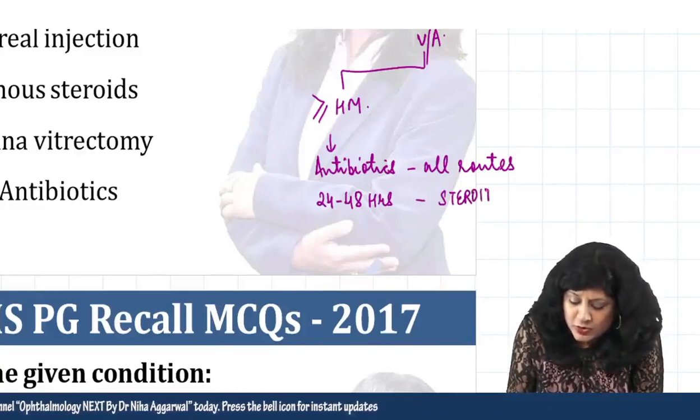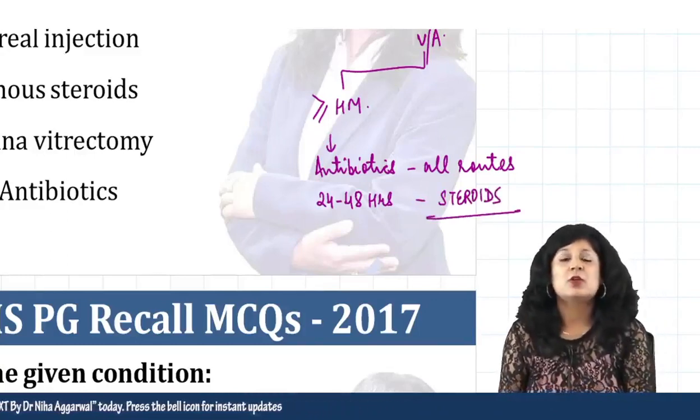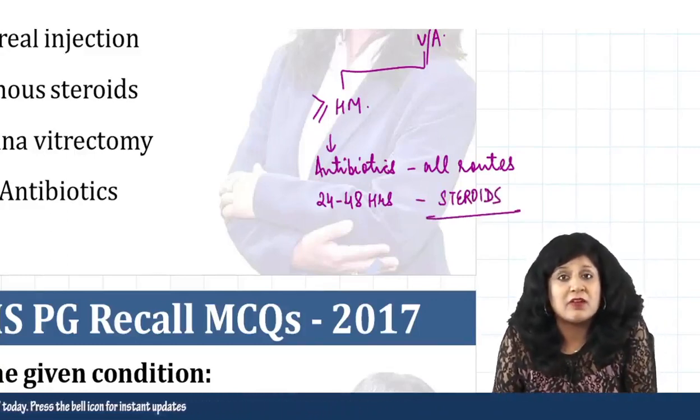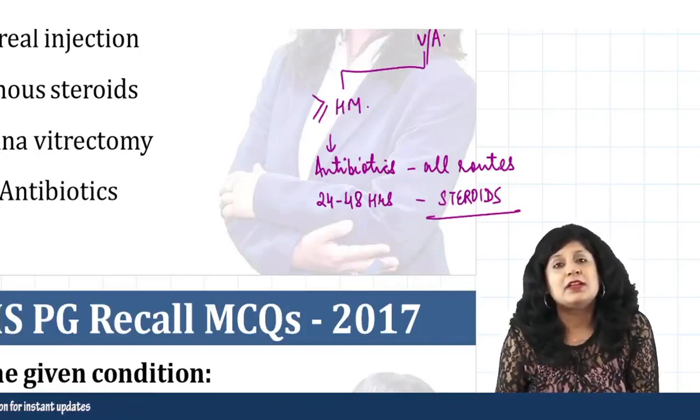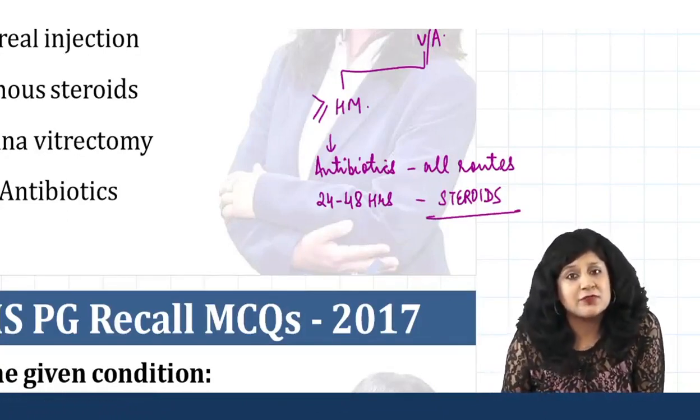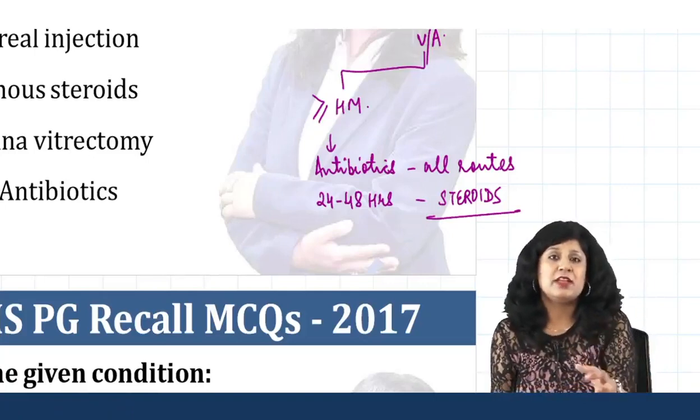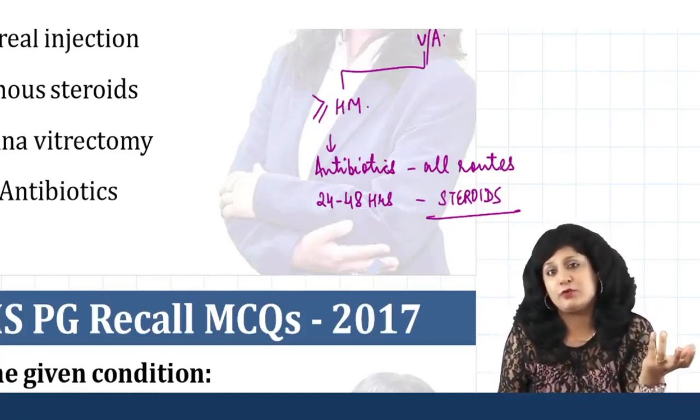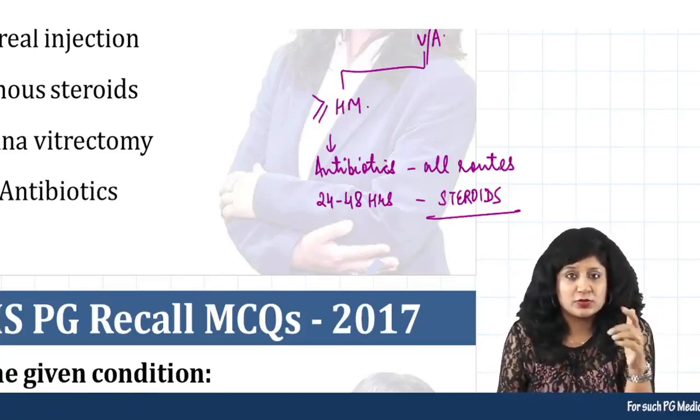Now, there is always a controversy about these steroids because some people say that steroids should not be given in the cases of infection, but in most of the cases we do give these steroids after controlling the infection because there is a whole lot of inflammation. So, steroids are also required.